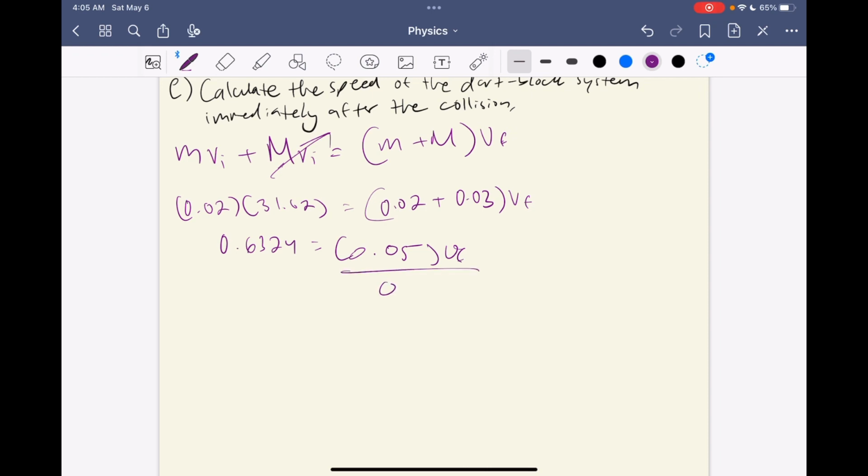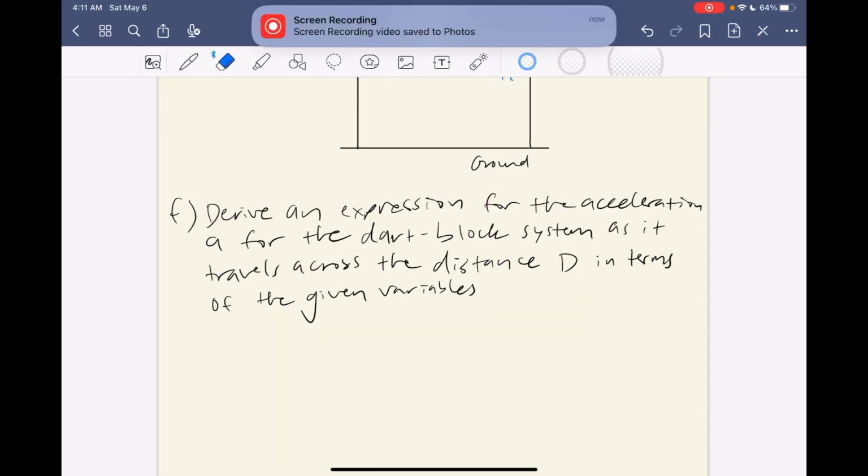And then we can divide both sides by 0.05 so that we can isolate for the final speed of the dart block system. So VF would equal 12.65 meters per second. So that is the speed.